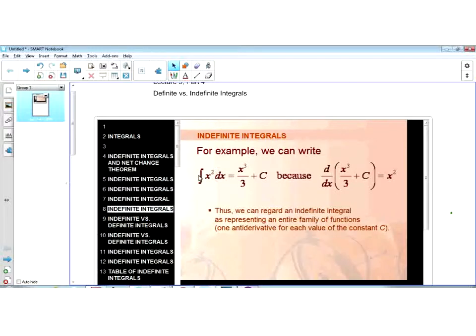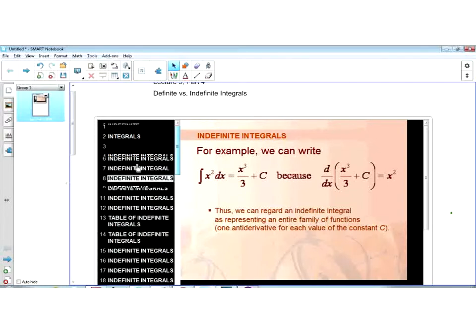For instance, the indefinite integral has no upper and lower bounds on the integral symbol, and you just take the antiderivative of the function in the integral. The antiderivative of x squared is x cubed over 3 plus c, because when you take the derivative, you get back the argument. Okay, so that's all we're dealing with here.